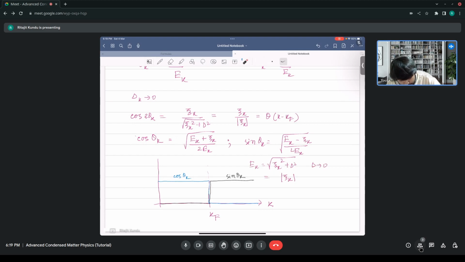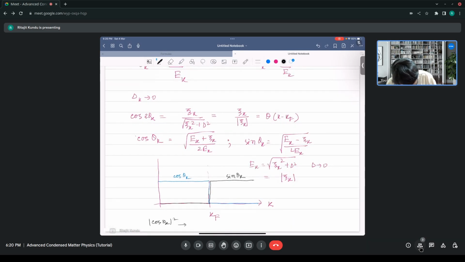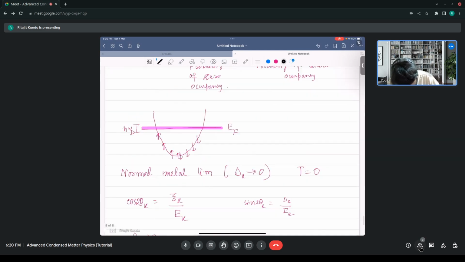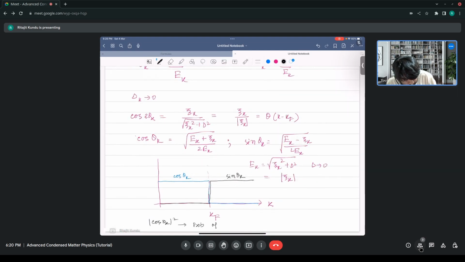Just to remind you again, the cosine theta k mod square is the probability of double occupancy, and the sine theta k mod square is the probability of single occupancy.